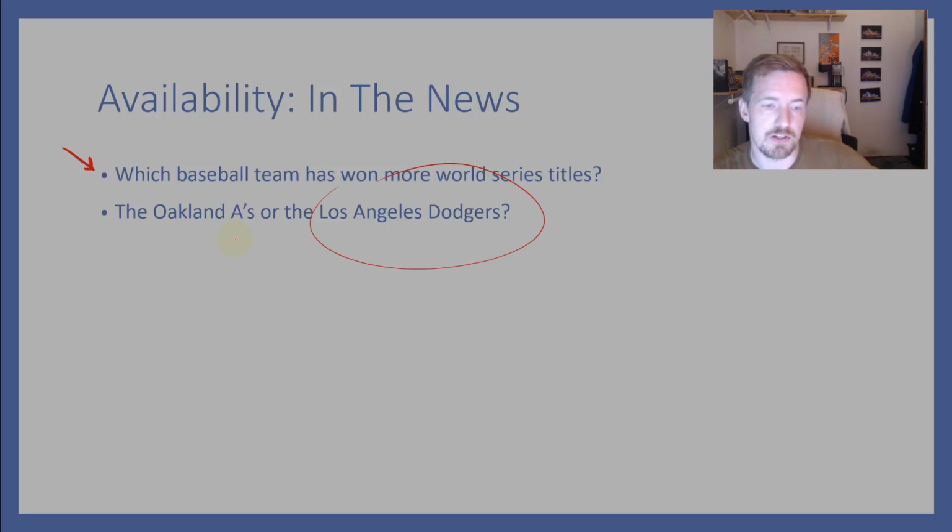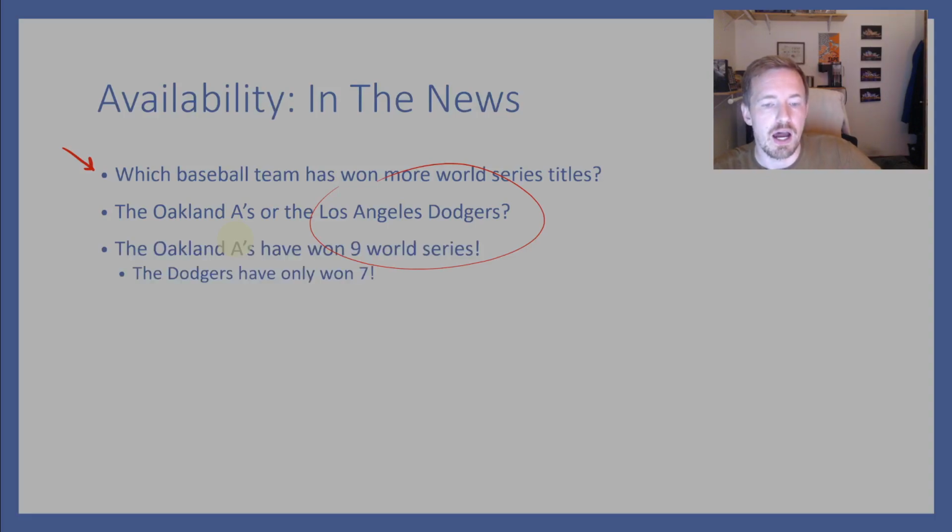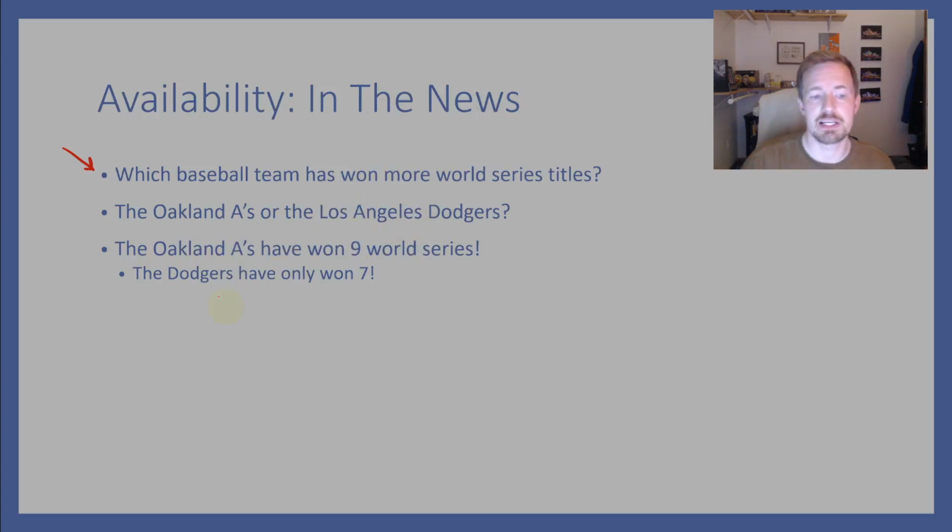Sorry, no offense to those of you that like the Oakland A's, even though I think they're moving, or maybe they have moved, I don't remember. But the Oakland A's have won 9 World Series titles and the Dodgers have only won 7. So the Oakland A's have won quite a bit more, all things considered. It's just that they haven't won a World Series, I think, since the 80s or maybe even the 70s. It's been a long time. So those memories are less available to us. We don't remember them, and so we think that the Dodgers have won more.